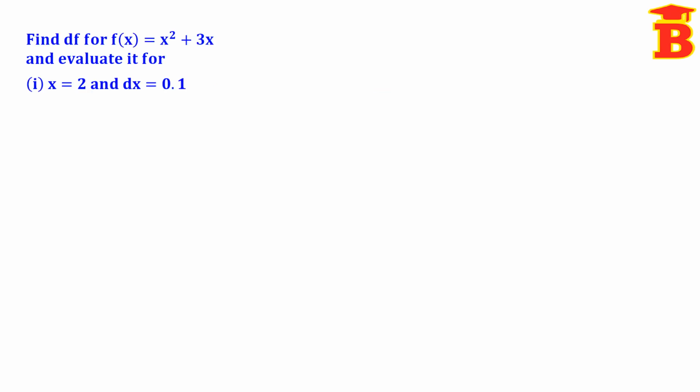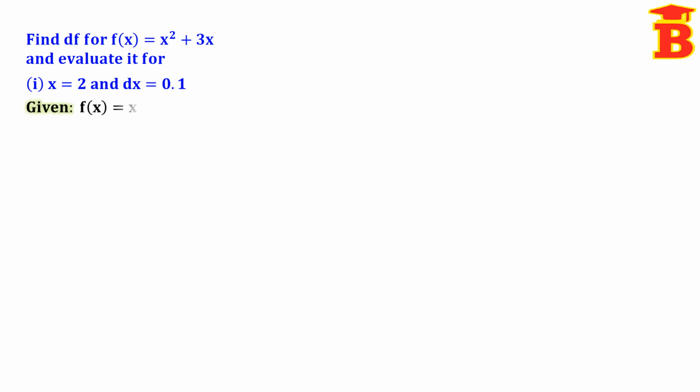Next problem, find df for f of x equal to x square plus 3x and evaluate it for first one x is equal to 2 and dx equal to 0.1. So find the differential df, after that substitute the given values.